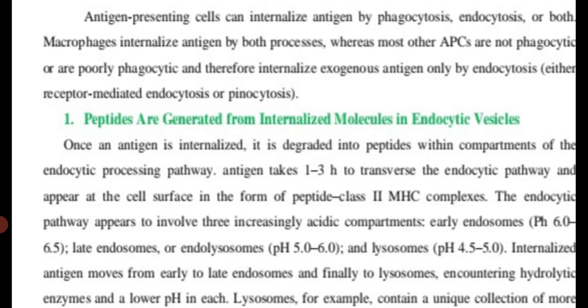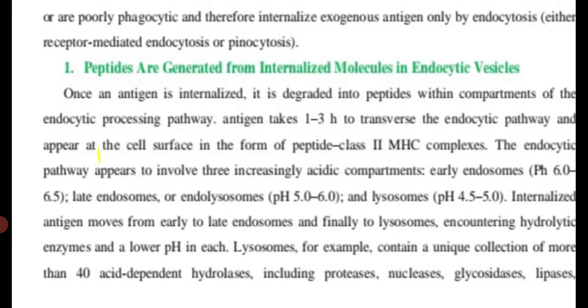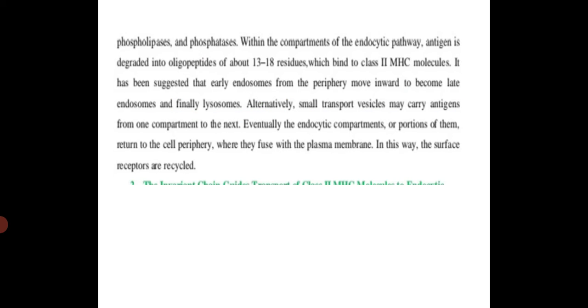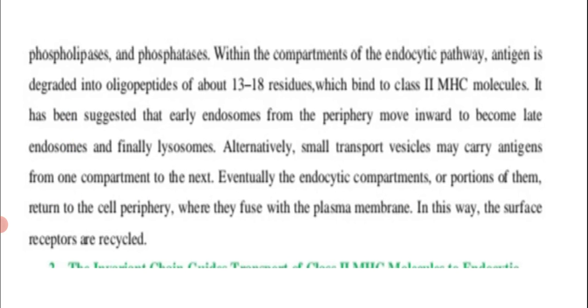And in lysosome, there is a presence of a low pH and a number of hydrolytic enzymes. And these hydrolytic enzymes hydrolyze the larger peptides into smaller fragments of the peptides. They include proteases, nucleases, glycosidases, lipases, phospholipases and phosphatases.